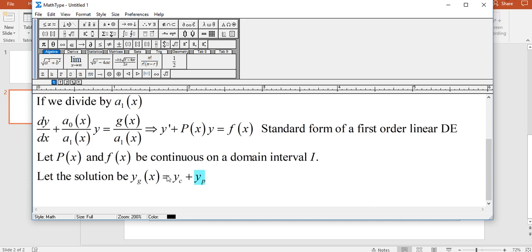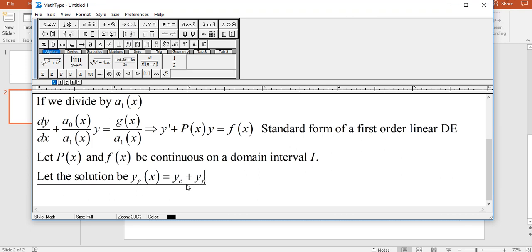So your common one will have like usually a C involved, like the integration constant. When you integrate, you get a C left over. And then your particular, like if y equals 5 as a solution, then that's a particular solution, okay?